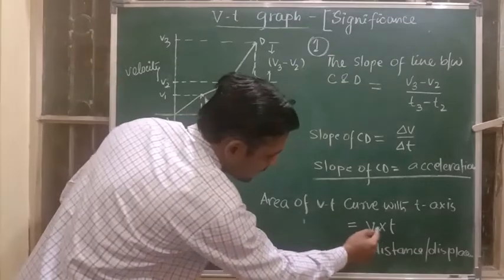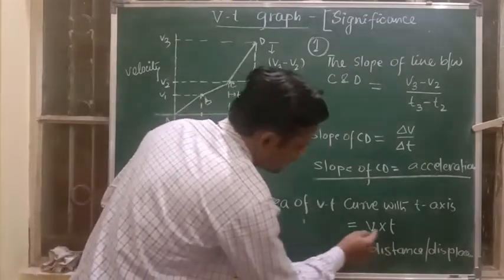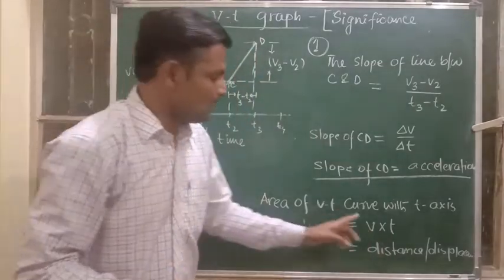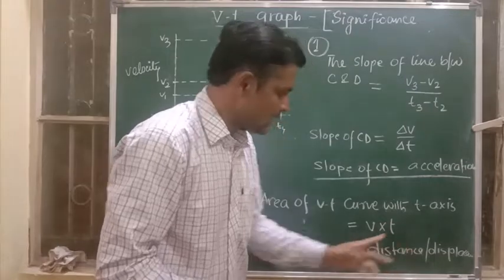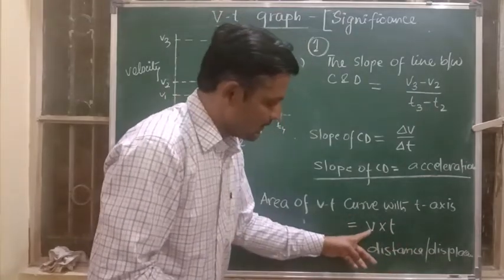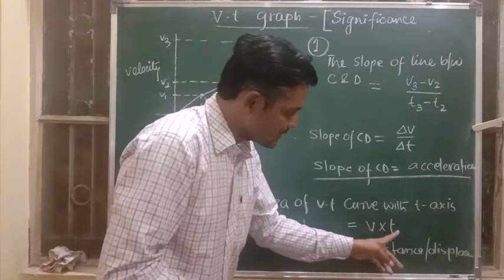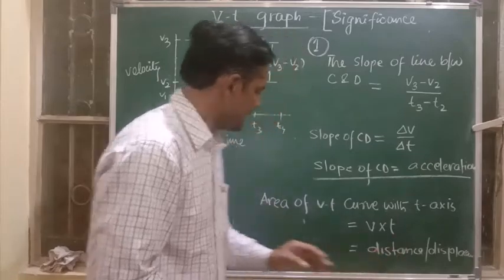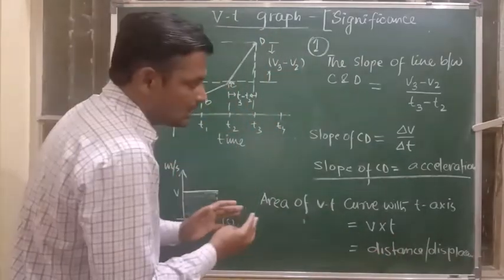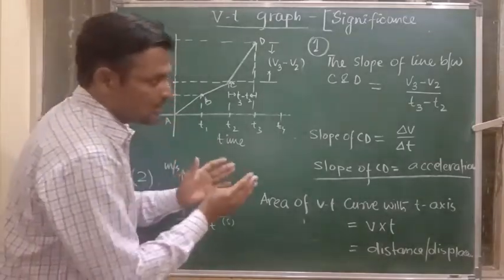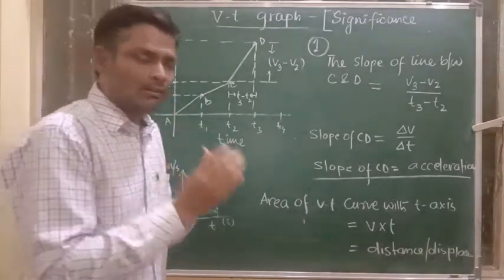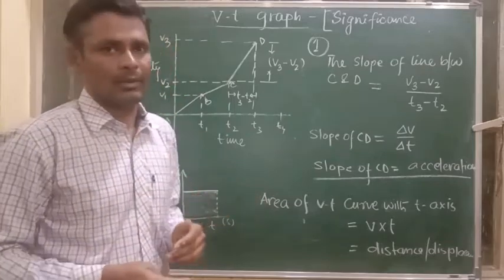Length into breadth is velocity into time. Speed into time gives distance, and velocity into time gives displacement. So the area of the VT curve with the time axis gives the displacement or distance covered by the object during that interval.